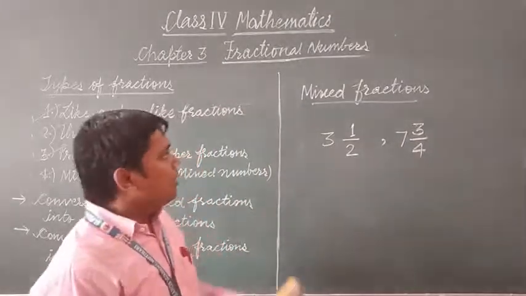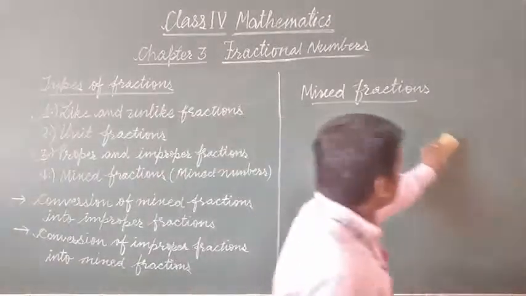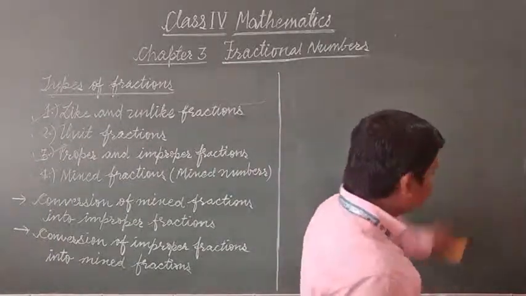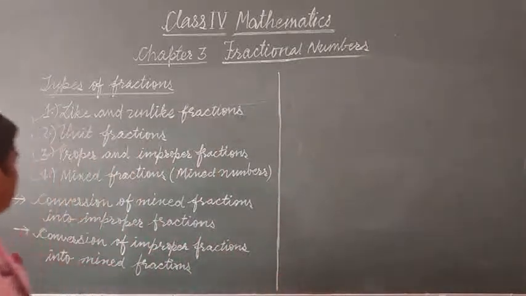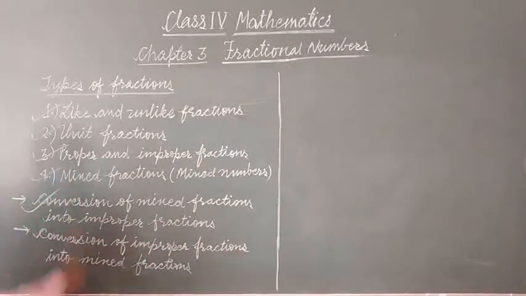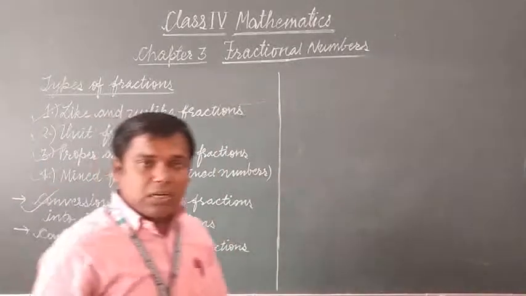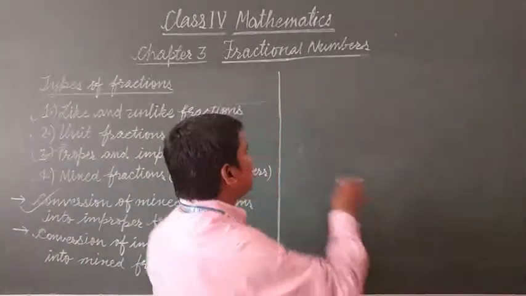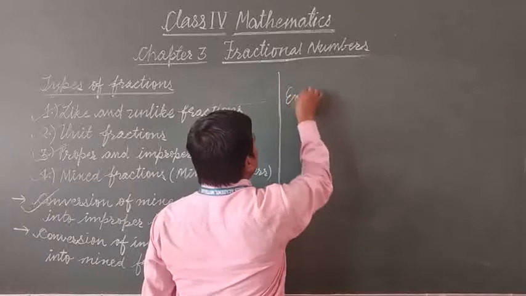Okay. Now the next topic is conversion of mixed fraction into improper fraction. Here is the next topic I am going to discuss with you. Conversion of mixed fraction into improper fraction. Example is here.